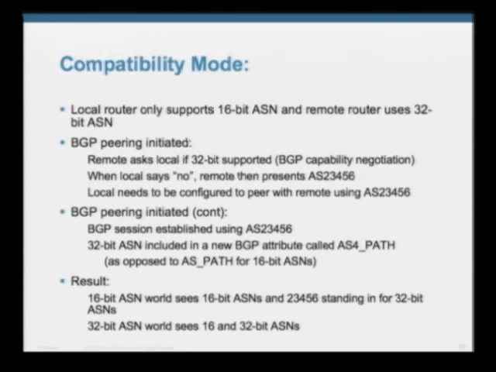What happens then is the network using 32-bit ASNs will include a new BGP attribute called the AS4 path, and that will include the 32-bit AS number information. So that one silently passes to the network that can't support 32-bit AS numbers. It's silently passed through. All that the network that can only support 16-bit AS numbers sees is the AS23456, which is why you see the 23456 in the path.